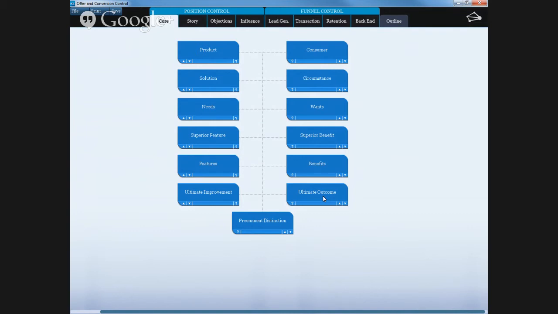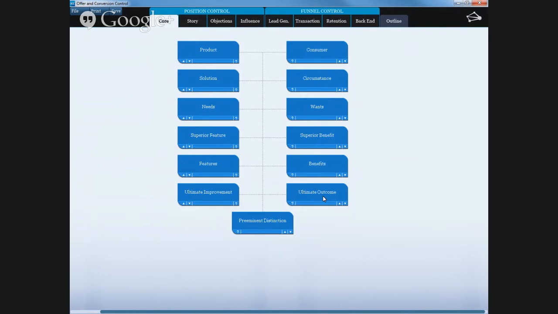Well, Mitch and I are big fans of being what we call in Hollywood on the nose, and that's say what you mean so that someone who may not be an expert in the software can see what it is, get a basic help trigger, and understand what they're really trying to get. And so the promised land, while it's kind of a great concept, needs a little bit of explanation to understand what you're really after. Whereas ultimate improvement and ultimate outcome are pretty straightforward.